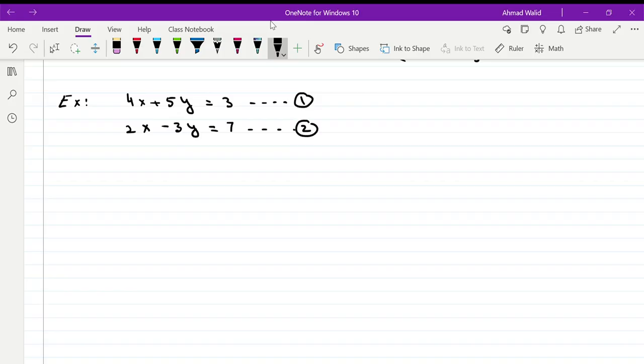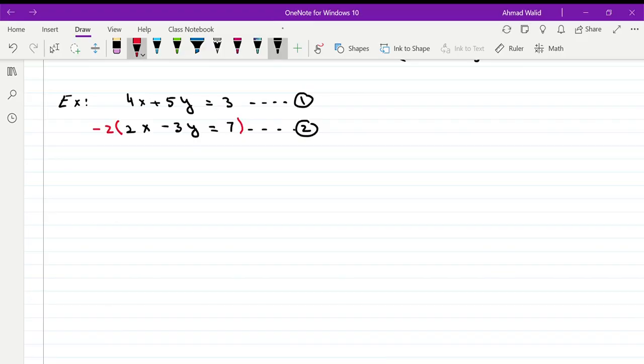It's up to you which variable you want to eliminate. Correct? You can eliminate y, you can eliminate x. Here, the easiest one is to eliminate x. The coefficients of x should become equal but with opposite sign. That's the goal. Then you see, if I multiply equation number 2 by negative 2, correct?